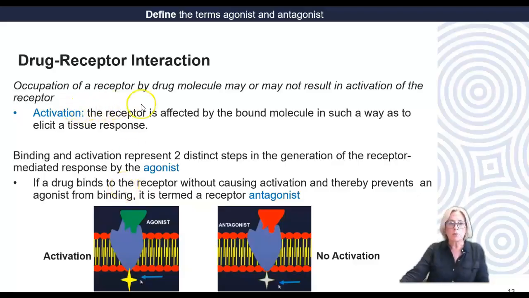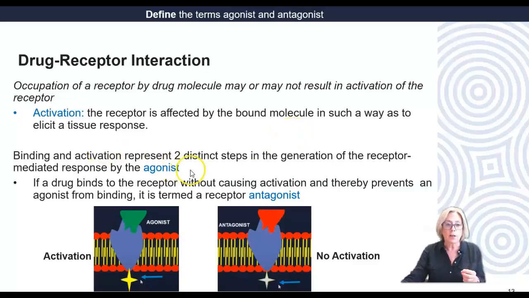Okay, so occupation of a receptor by a drug molecule may or may not result in the activation of the receptor. Activation means that the receptor is affected by the bound molecule, so by the drug molecule, in such a way as to elicit or produce some sort of a tissue response.